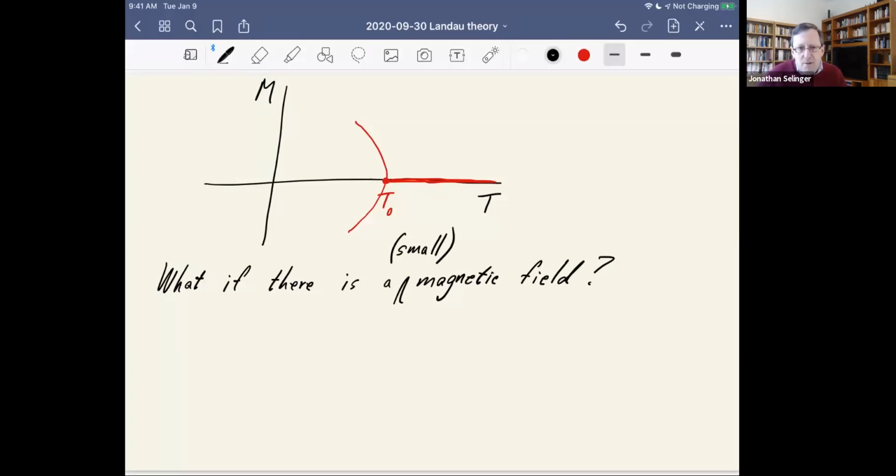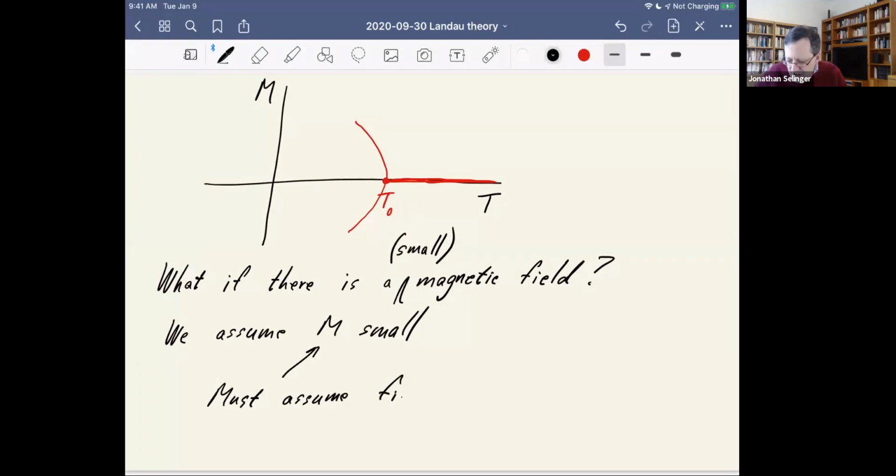This theoretical approach is assuming that m is small, and the only way we're going to have m small is if we assume that the field H is small.